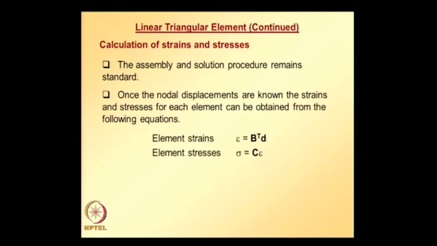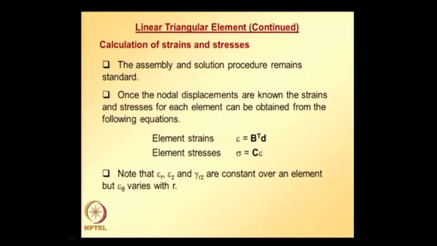Except that there are 4 components of strain and 4 components of stress, the constitutive matrix is of dimension 4 by 4, and the B matrix, the strain displacement matrix, is of dimension 4 by 6.